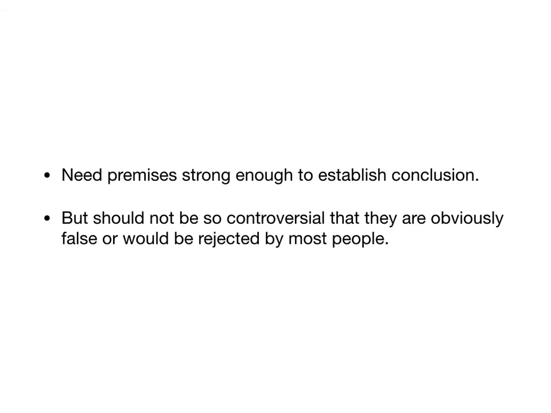So when you're filling in missing premises, the principle of charity is super important. You need to try within reason. We'll talk about what within reason means next lecture. You need to, within reason, try to give the other person a strong argument. In fact, the strongest argument you possibly can. And this ends up you have to do 2 things. You need premises strong enough to establish the conclusion.